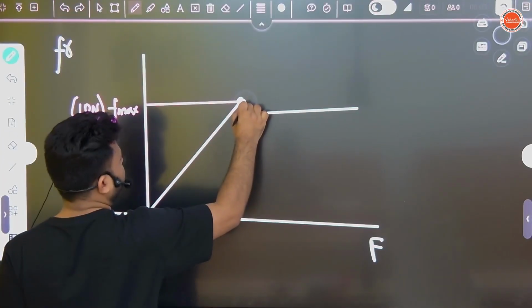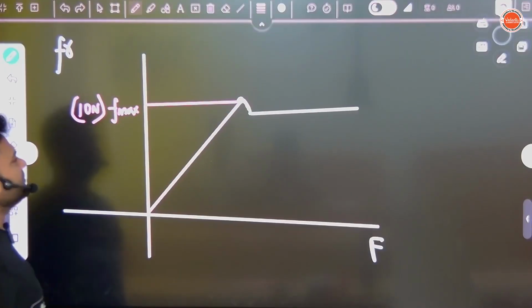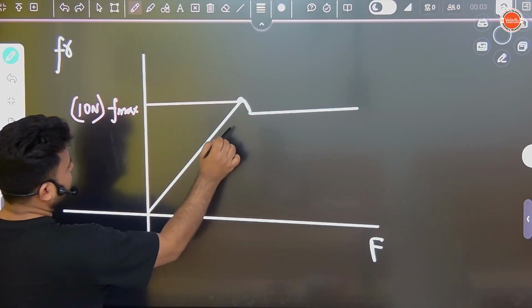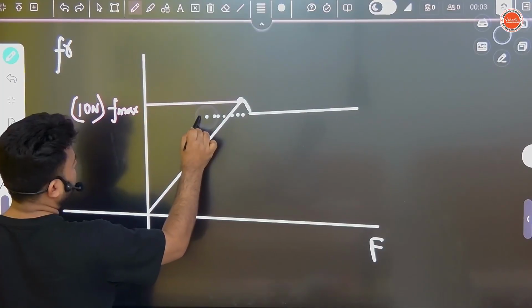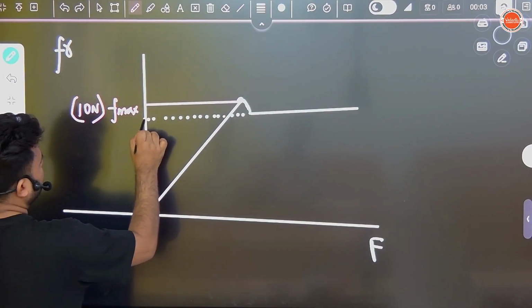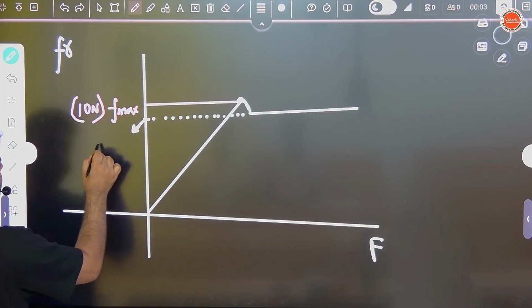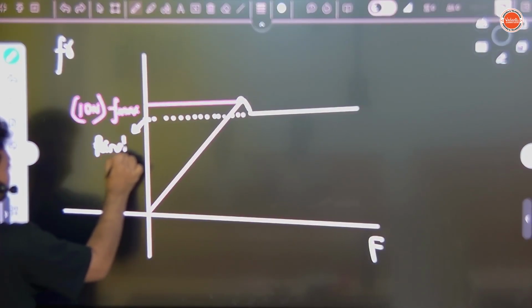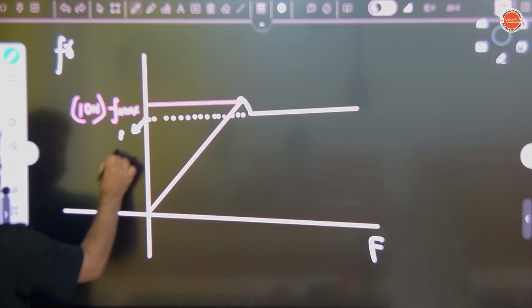So friction decreases a little bit. And this is kinetic friction. If I say this, what is this point? Kinetic friction, or Fk, I am writing directly.